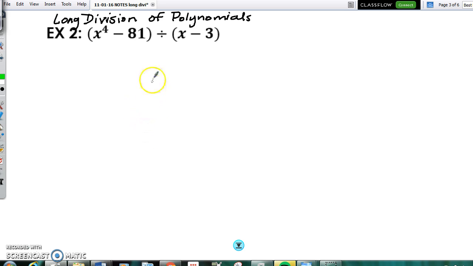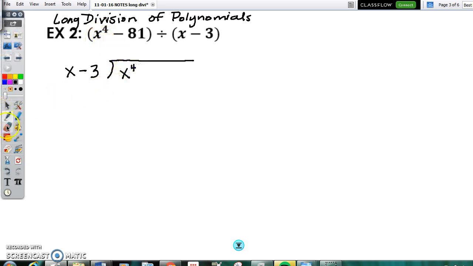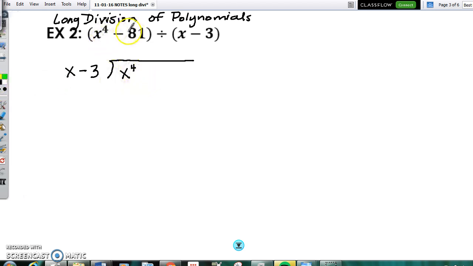Now, first thing we're going to do though is we have to make sure that we have the stuff under the division symbol written correctly, and it needs to be in standard form. So highest exponent first, x to the fourth. Then we need to put a placeholder for any that are missing. Like right now there's no x cubed, so we need a 0 x cubed.